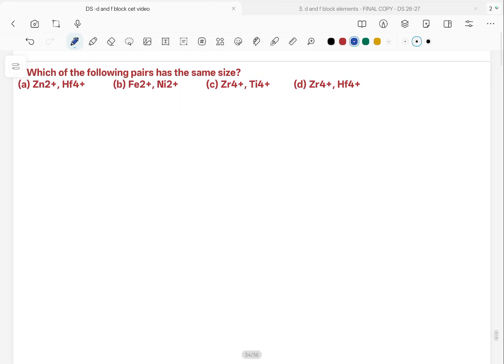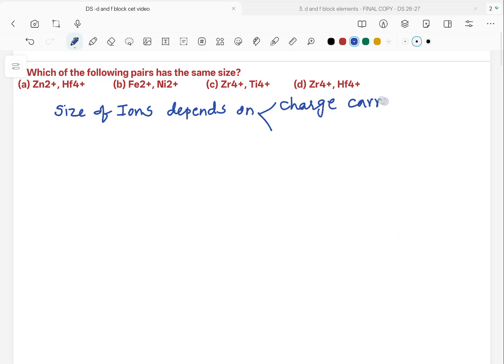The question is like this: which of the following pairs have same size? The size of ions depends on their charge carried by them and the position of that atom in the periodic table.